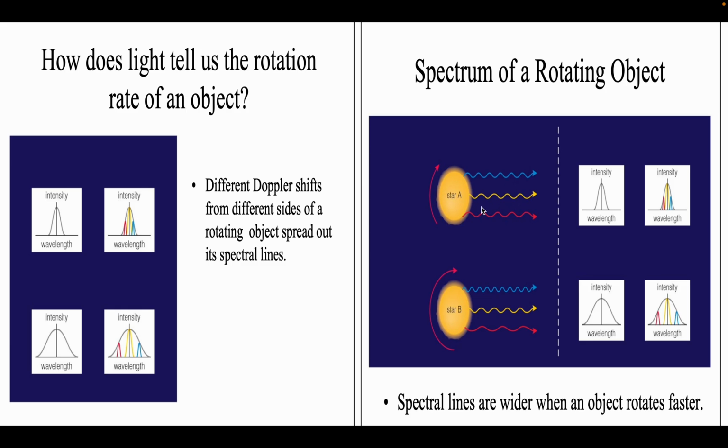Suppose there is a star, and some part of it is coming towards you; the spectral line emitted from this part will be blue shifted, and the light coming from the part moving away from you will be red shifted. So the spectral line, or the spectral profile, gets broadened.